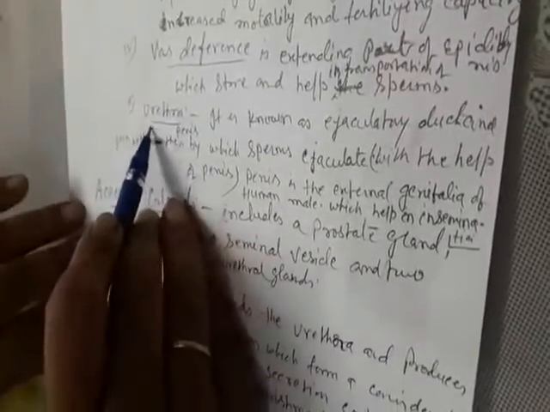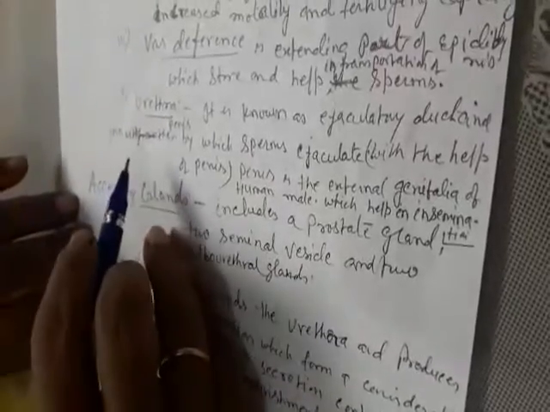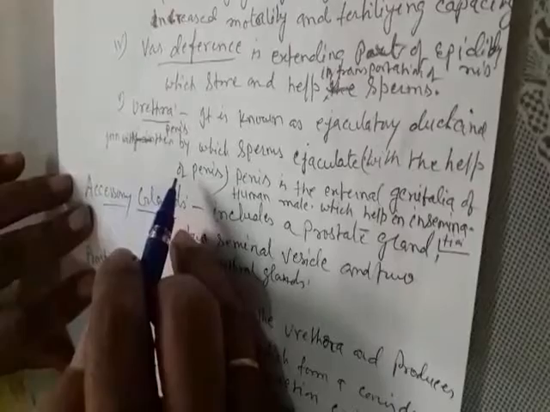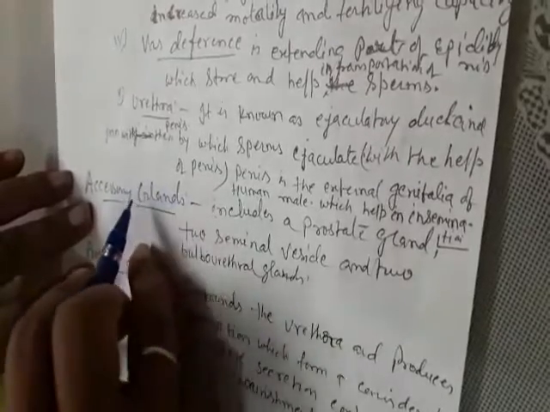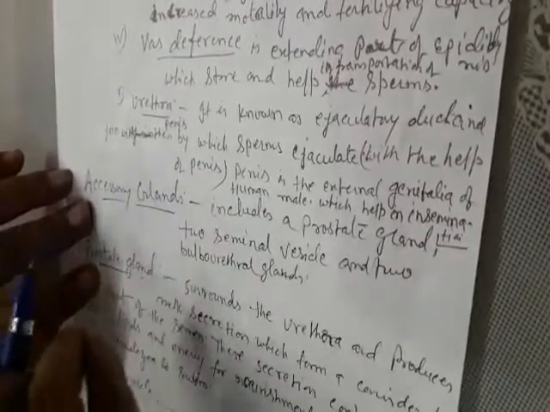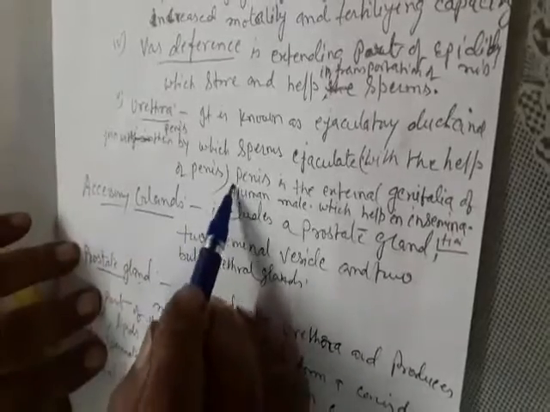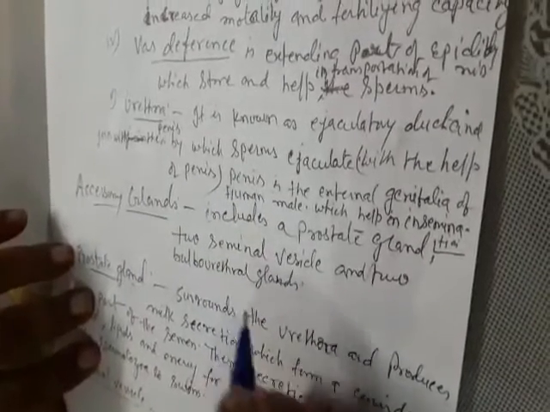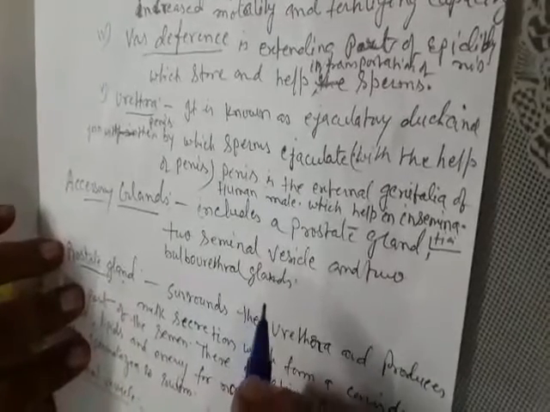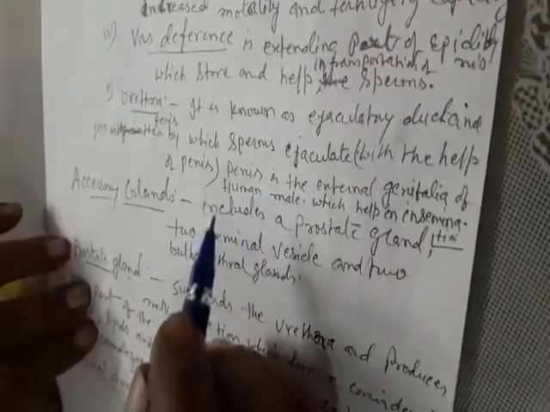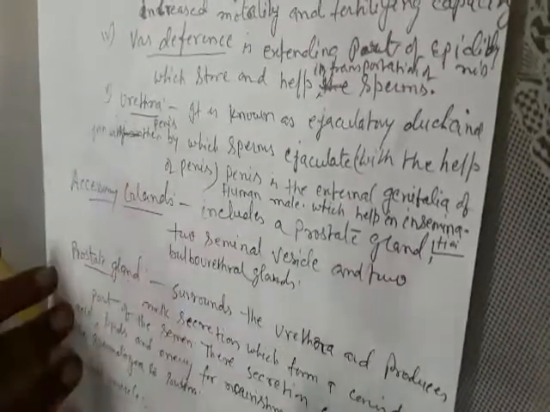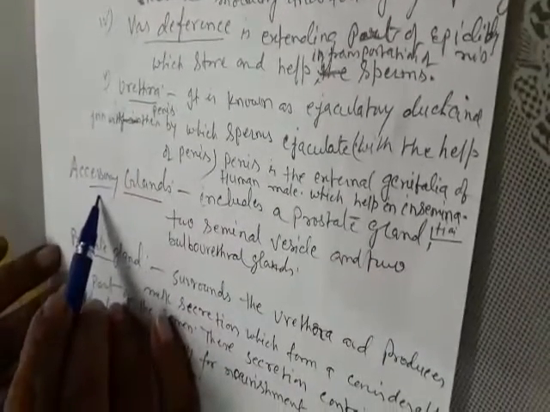Next, the urethra. It is known as the ejaculatory duct and is joined with the penis, by which sperms are ejaculated. The penis is the external genitalia of the human male which helps in insemination. These accessory organs are related to the accessory glands.